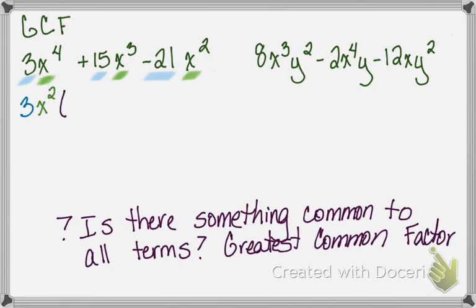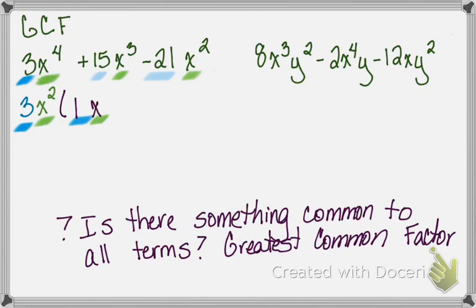First thing I'm going to look at, 3 times what gives me 3? 3 times what gives me 3? 1. Good. X squared times what gives me x to the 4th?